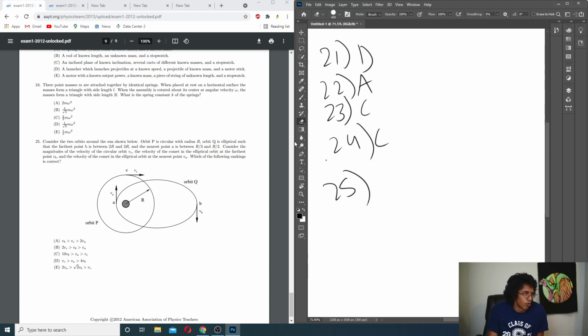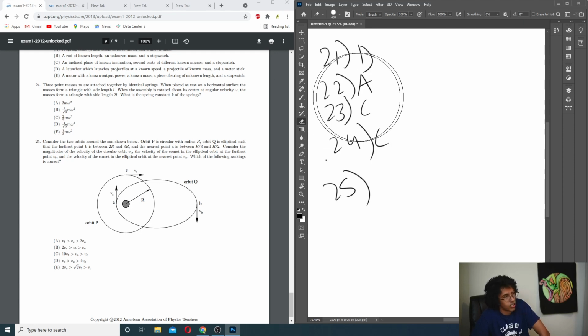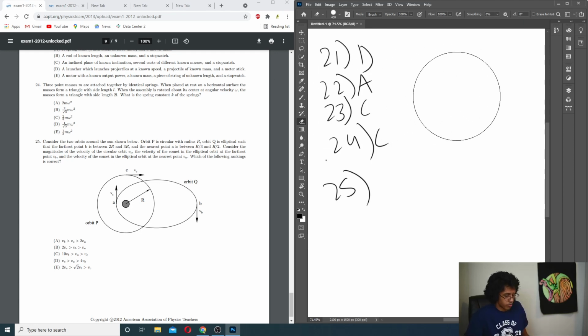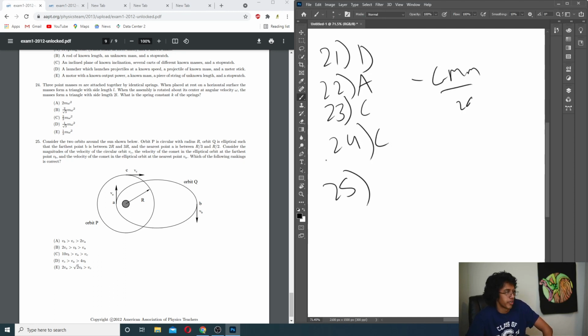Oh god. I feel like this shouldn't be that hard, although it might be. Let's see. So basically the overall potential energy is like negative GMM over 2A, where A is the semi-major axis.